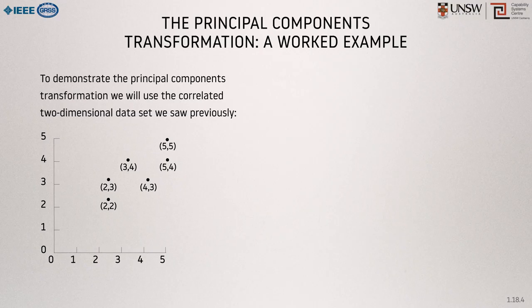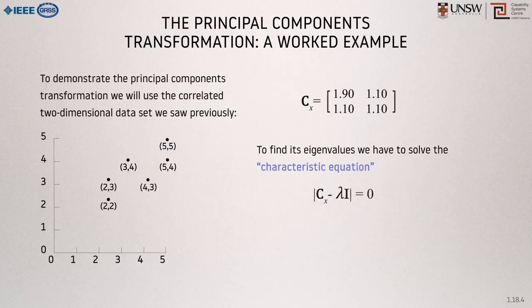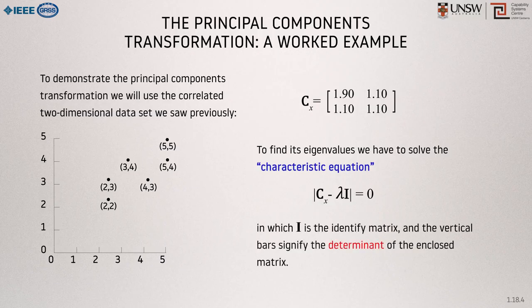Here we see the data distribution again, its covariance matrix, and the equation we need to solve to find its eigenvalues and eigenvectors. That equation is called the characteristic equation, which is in the form of a determinant. Lambda is an unknown, which will be given in the solution to the equation.